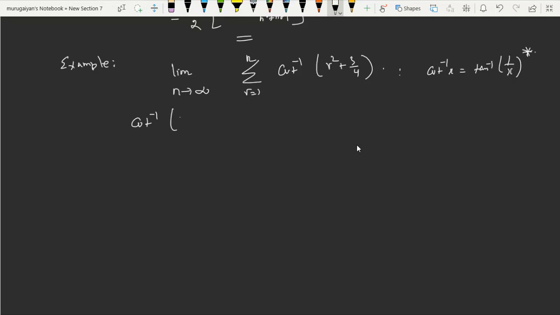cot inverse of r square plus 3 by 4 in terms of tan inverse is 1 divided by r square plus 3 by 4. Then tan inverse of 1 by, from 3 by 4 we can separate 1 plus 1 by 3... 1 plus 1 by 4, that is r square plus 1 by 4.